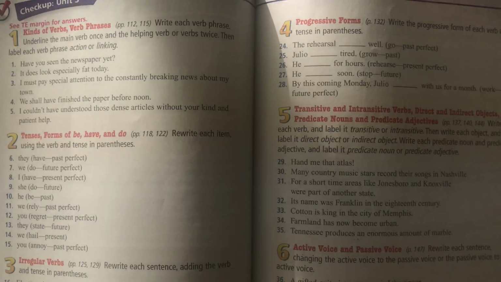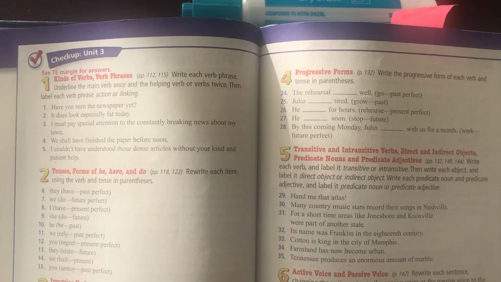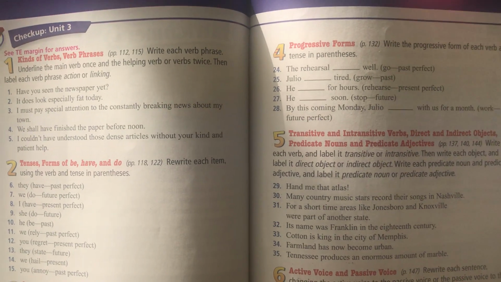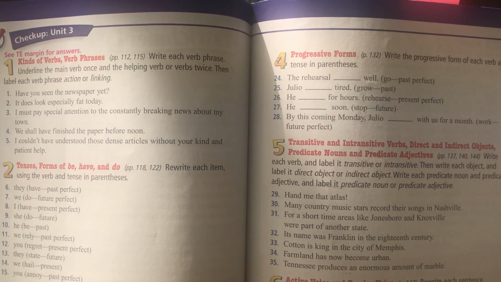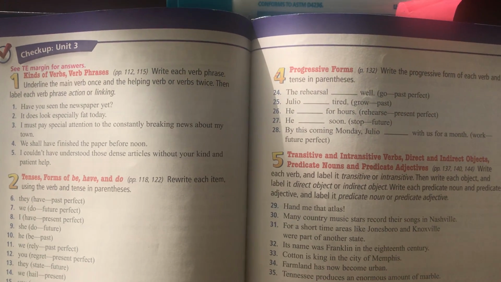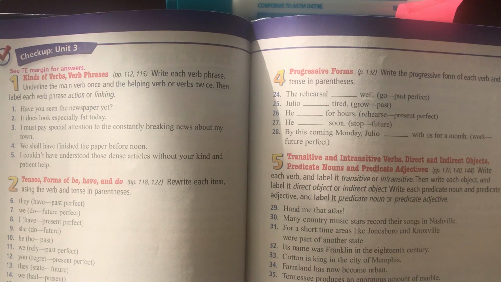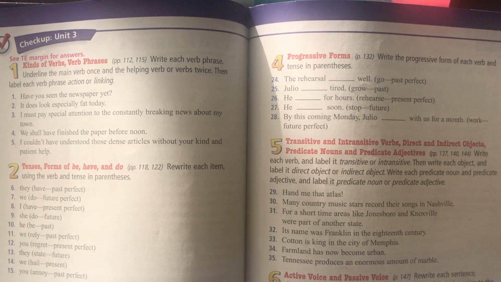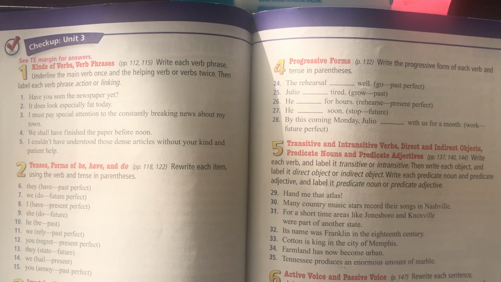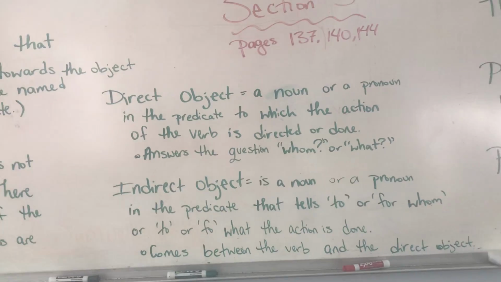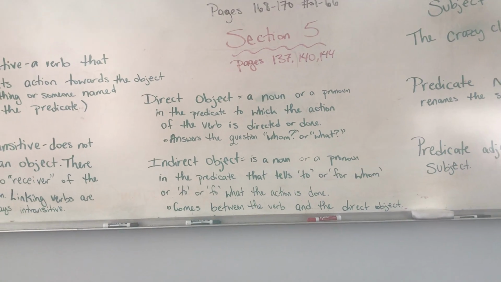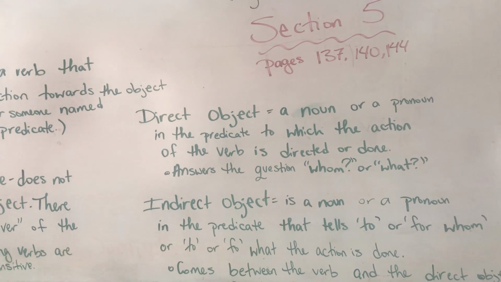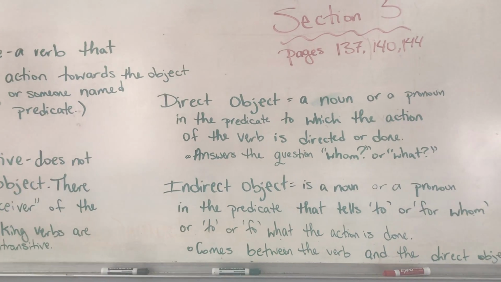And then it wants us to look at each object and label it direct or indirect object. So if we know that the implied you of the sentence would be the subject, then that means me would be the object of the sentence. But what kind of object? So looking at our definitions, indirect object is a noun or pronoun in the predicate that tells to or for whom or to or for what the action is done. It comes between the verb and the direct object.